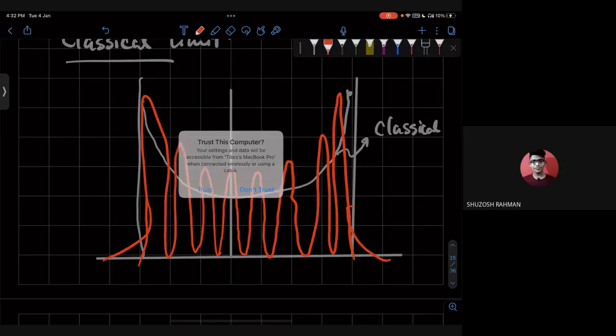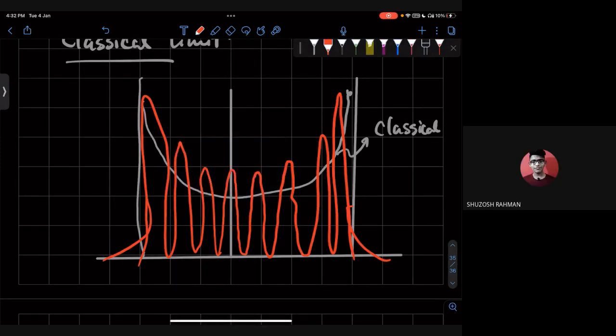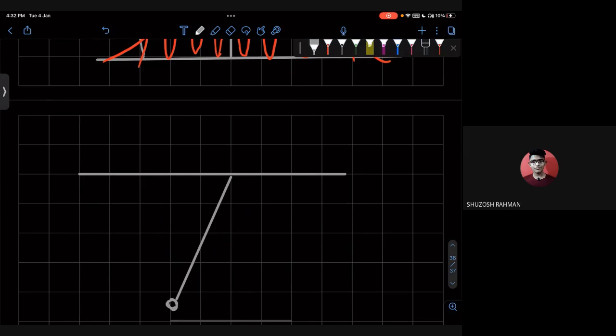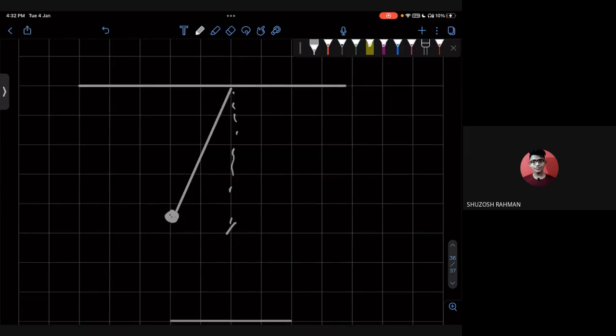Sir, what's this classical limit that we're talking about here? Like, how does this correspond? Yeah, that's a very good question. So suppose that we have a harmonic oscillator, right? So this is a classical harmonic oscillator, right? So this is going to go like this, right?